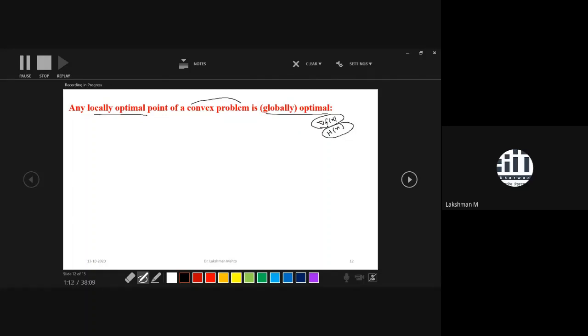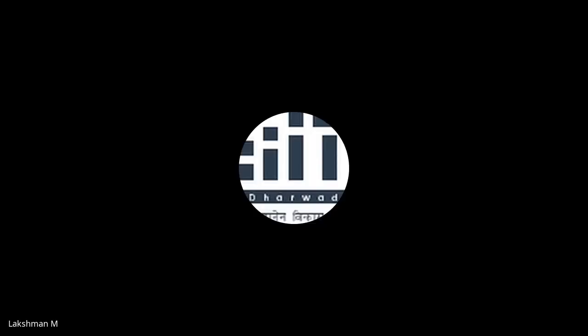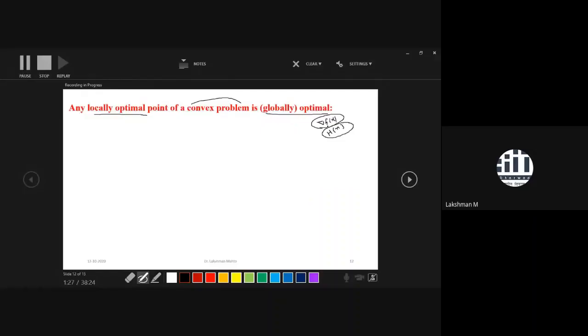So there is a very well-known theory for the local optimal process, but there is no proper theory for the global optimal process. Finding the global optimum is a difficult problem. It is not guaranteed that you will get a global optimal point, but you may get a local optimal point of a non-convex problem. That's where this theory is interesting.